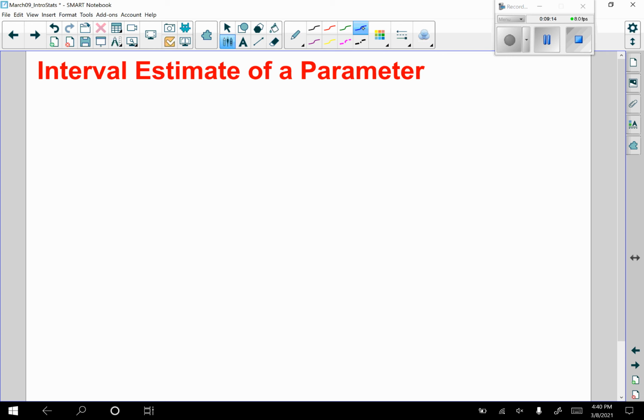If we're picking a number specifically and we toss a coin, we have to land exactly on 5 versus we just have to land somewhere in between 0 and 10. So an interval estimate is going to be better, as we'll see throughout this chapter. So we're talking about an interval or a range of values used to estimate the parameter.